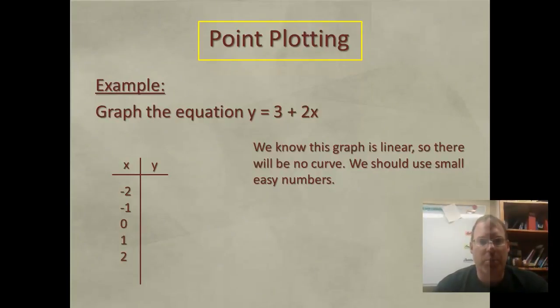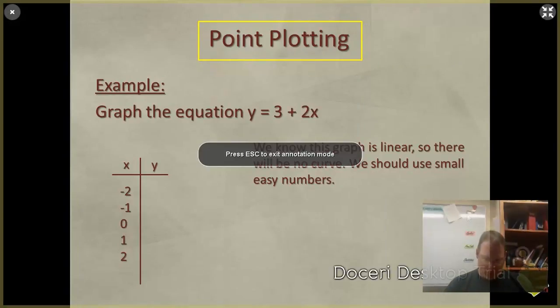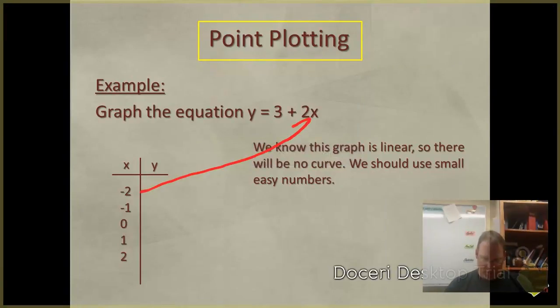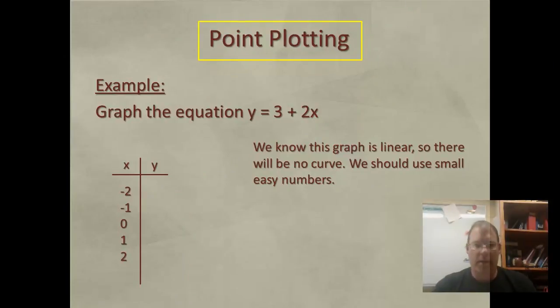Okay, so now we plug those values of x into the equation. So if I plug -2 in right there, I've got 3 plus 2 times -2, and I get -1.